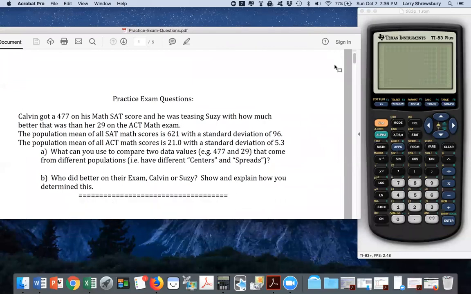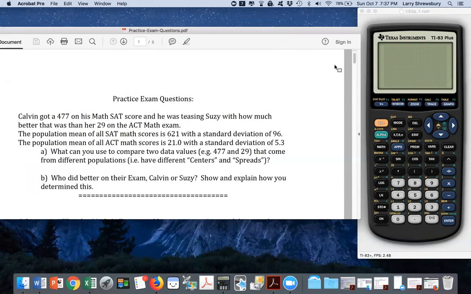Here's the scenario. Calvin got a 477 on his math SAT score, and he was teasing Susie with how much better that was than her measly 29 on the ACT math exam. Well, you have to understand, we're comparing two data values that come from completely different populations.